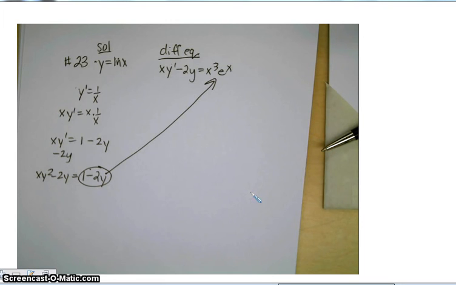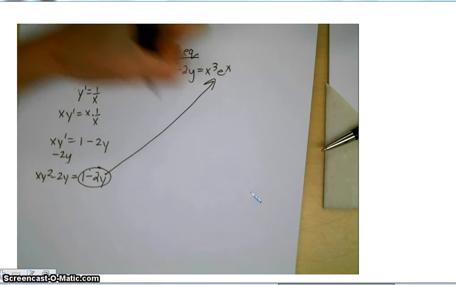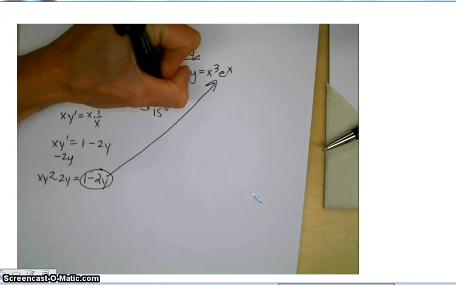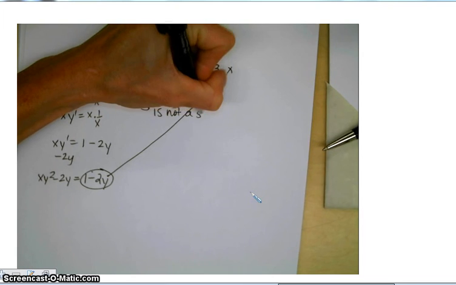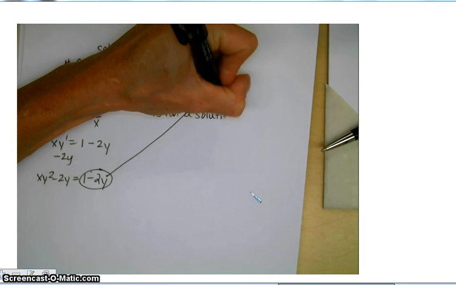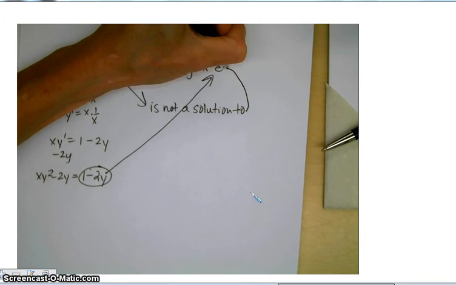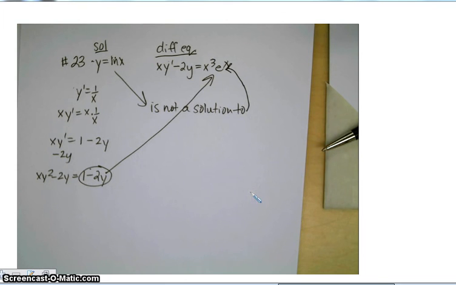I don't really think there is. And so I would say that this is not a solution to this differential equation. And sometimes that's the case. They're not always asking you to verify, sometimes just to see if it is yes or no.